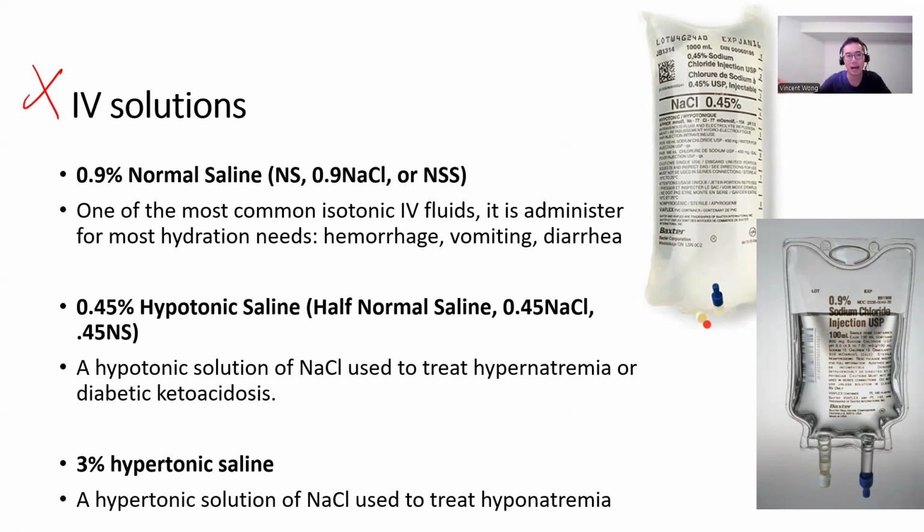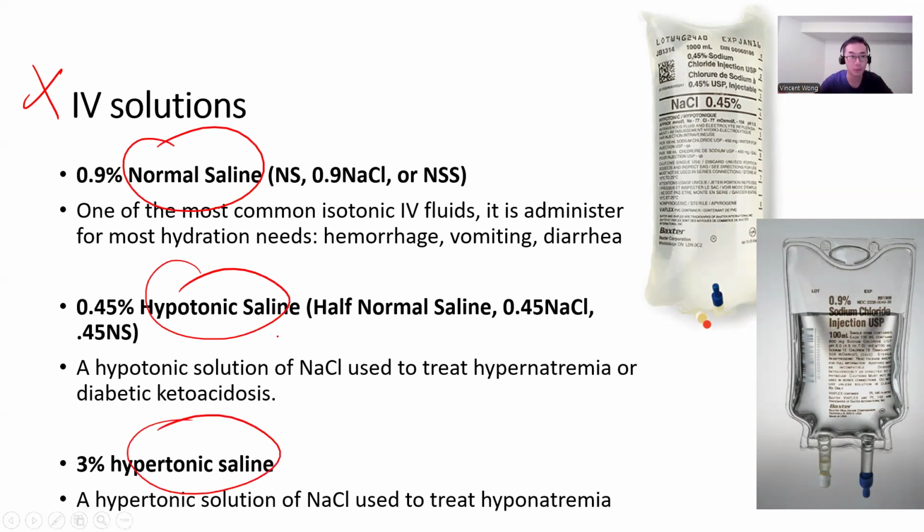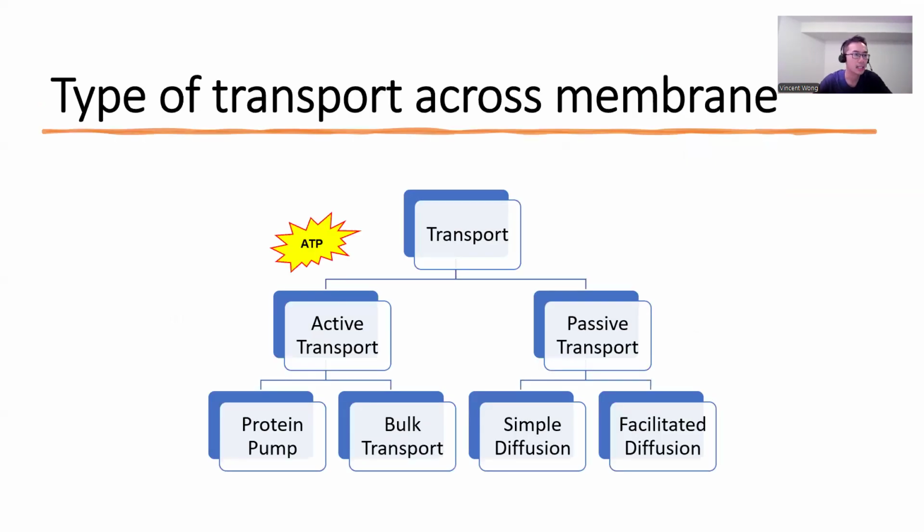Knowing which IV solution to give is related to what we're talking about. You can give them normal saline, or hypotonic or hypertonic saline, and it all depends on the medical situation of your patient. You can read through that on your own. I don't have time to go through it, so we're just going to move on.